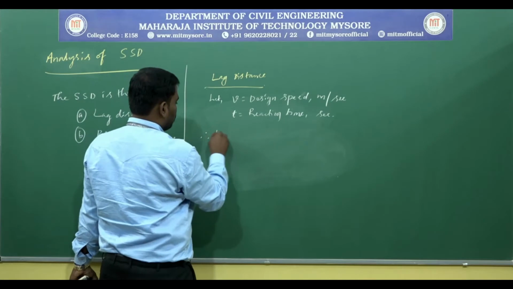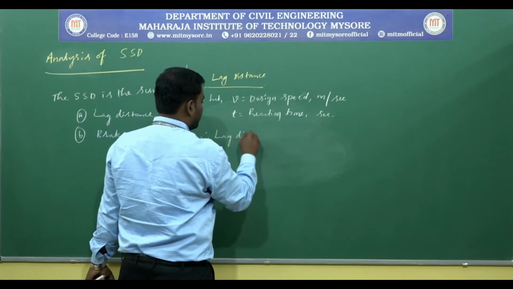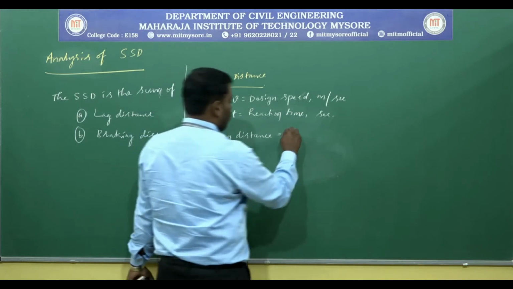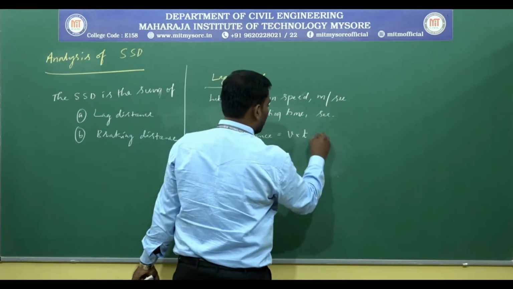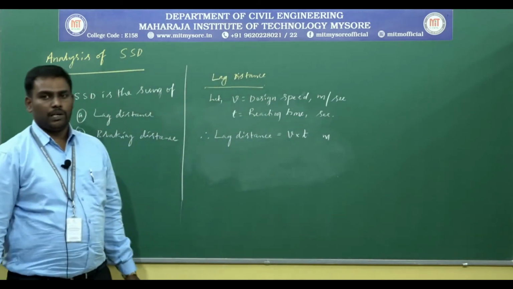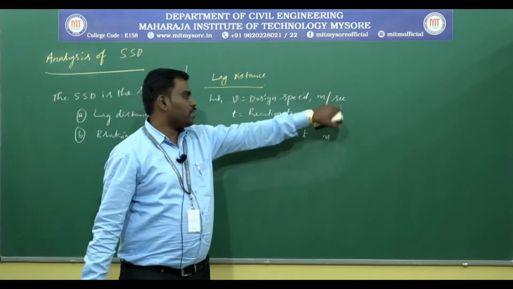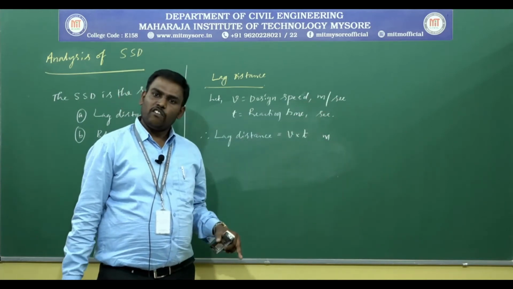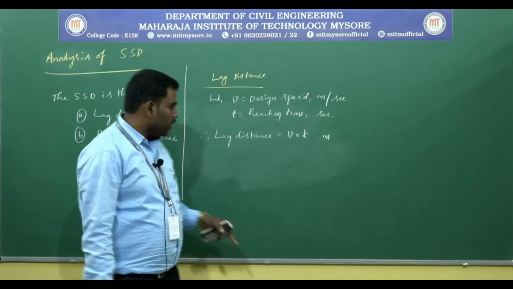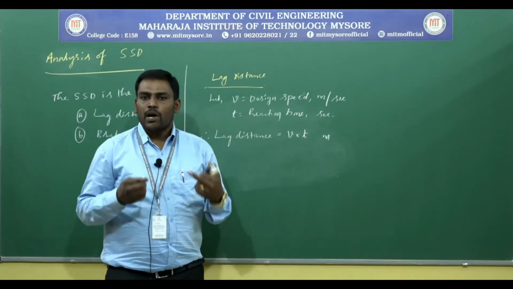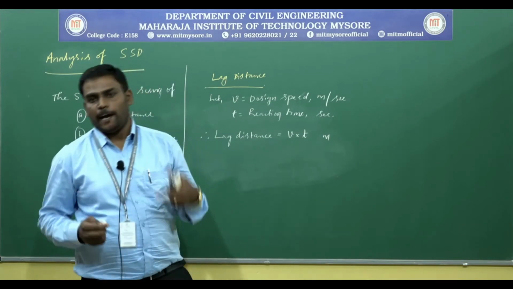Therefore, lag distance is equal to v into t, in terms of meter. That is, v is in meter per second and t is in seconds, so we get the answer in meter. We know that distance is the product of speed and time.